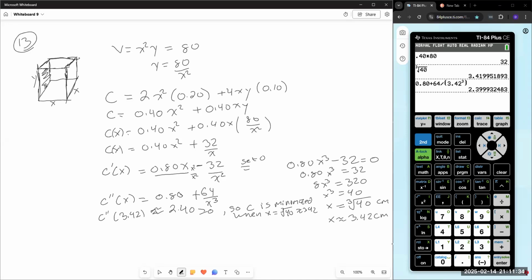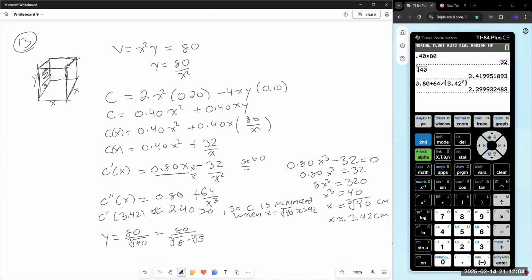And if x is exactly the cube root of 40, then y is equal to 80 over the cube root of 40. The cube root of 40 is the cube root of 8 times the cube root of 5.